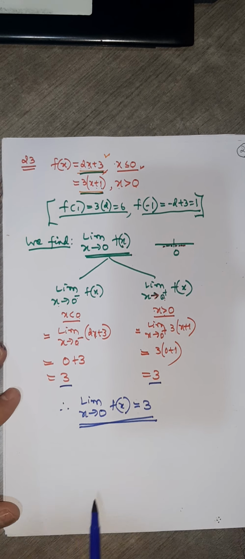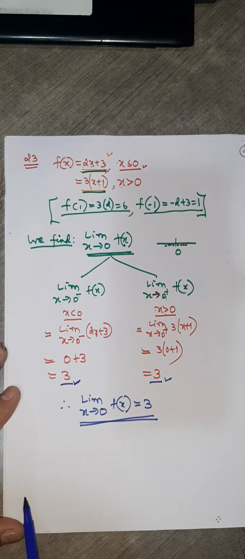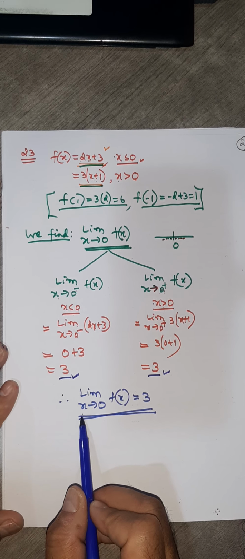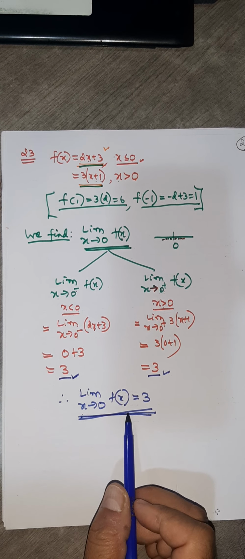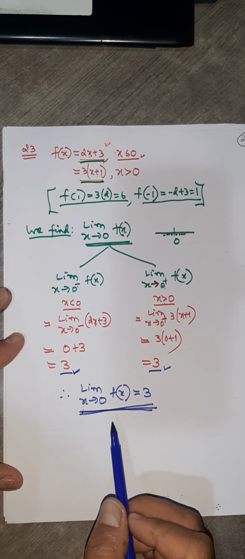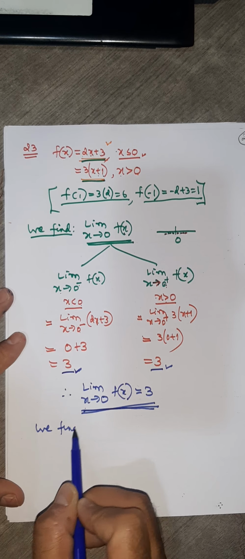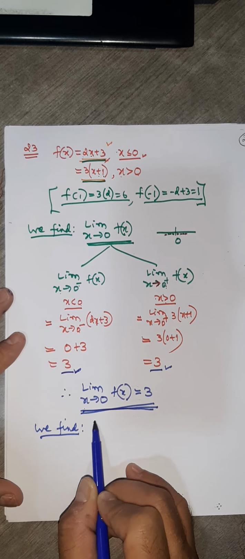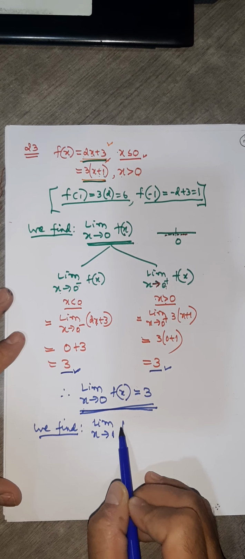Right? Why this? Because the limit from the right and the left are both equal. So as per that result, this limit has to be 3. I hope this is clear to you, right? Now in the same way, we find this limit. Which limit? Limit x tends to 1 of f of x.